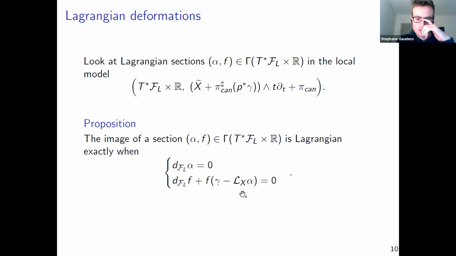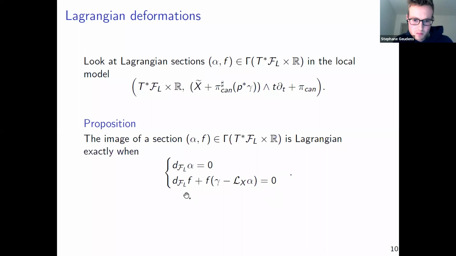And so here is the first difference with the symplectic case. So in symplectic geometry, the Lagrangians are given by a linear equation, just d alpha is 0. So this equation is not linear because there is this term f times Lx alpha. So it's a little bit more complicated. But still, it's not too bad, I guess.